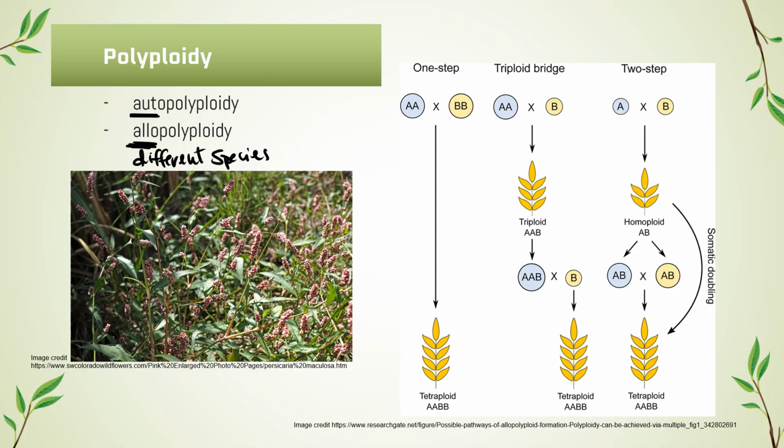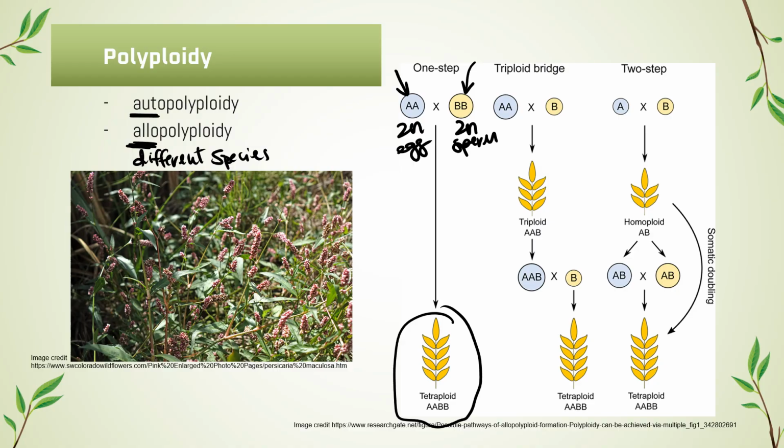One way that this can happen is we have these 2 different species of plants. Both of them have mistakes in meiosis. We end up with 2n gametes, diploid gametes. Let's say that this is the egg and this is the sperm. If they happen to fertilize each other, we're going to end up with a tetraploid hybrid plant.